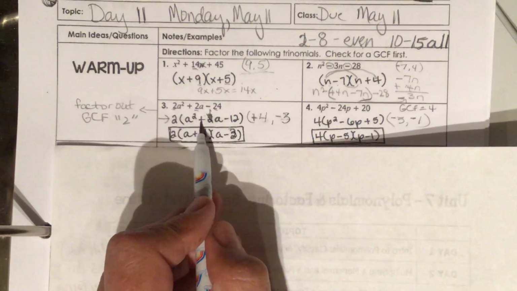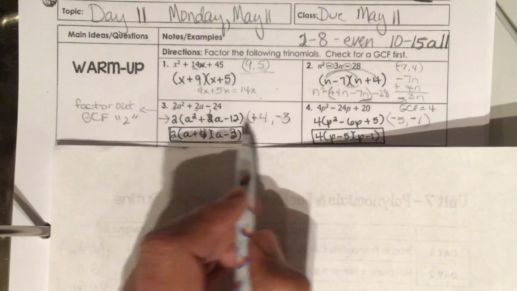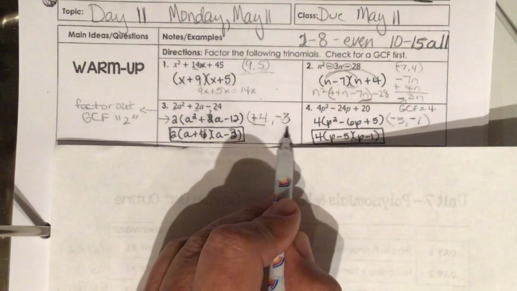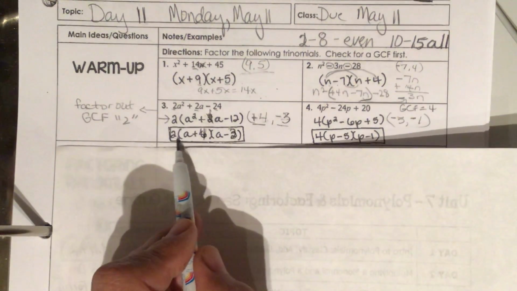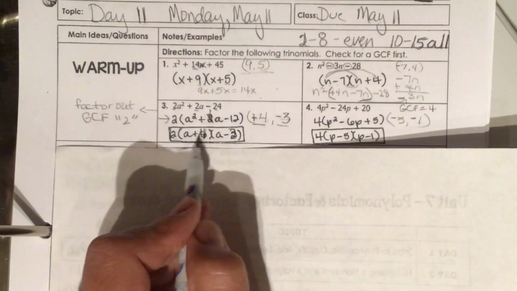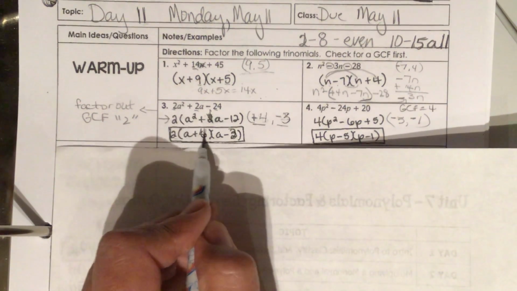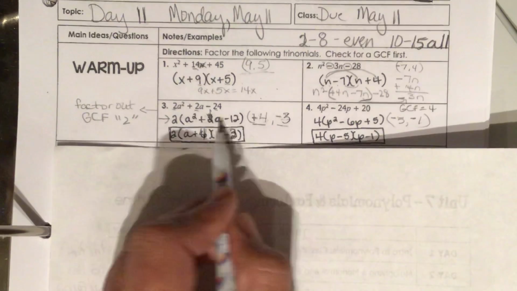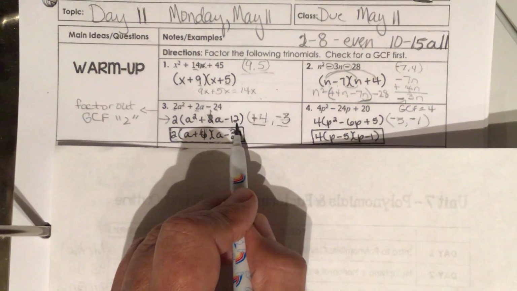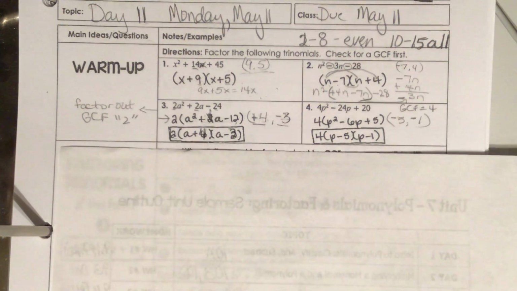So if you're wanting a positive 1a, 4 and 3 make 12, so we could have a positive 4 and a negative 3. Your 2 still stays over here. You bring down your 2. We're factoring this equation right here. We know that a plus 4, a minus 3 would give you your negative 12 and would give you a positive a.